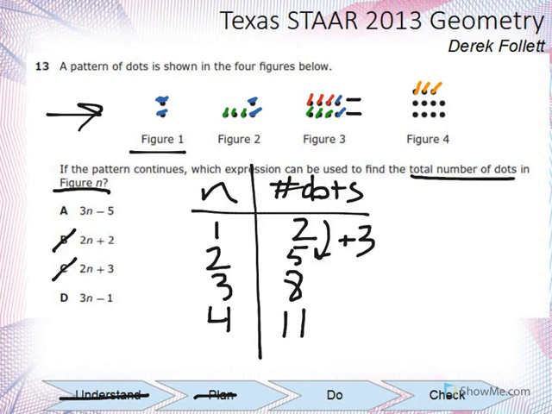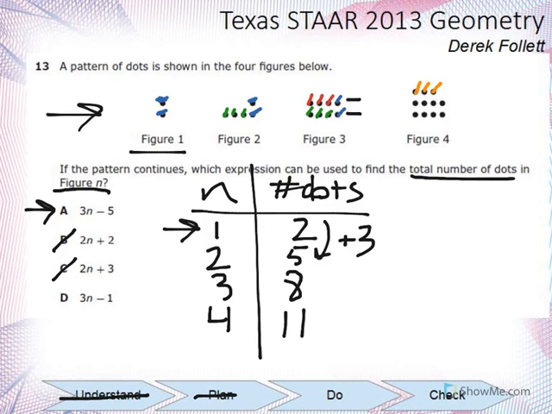So let's plug in some values of n and see if they work in our table. So if we think the answer is A, let's plug in 1 for n and see if we get out 2 like we show in our table. So for choice A, that'd be 3 times n is 1, so 3 times 1 minus 5.